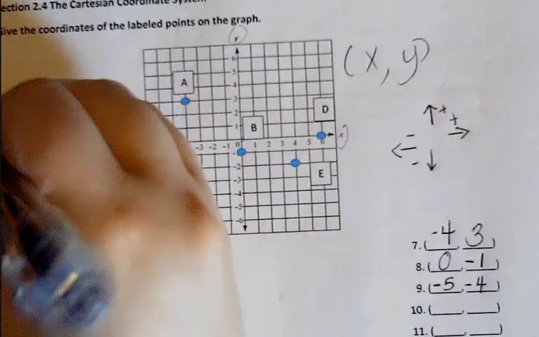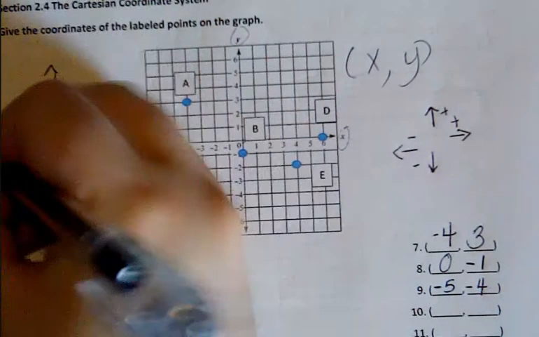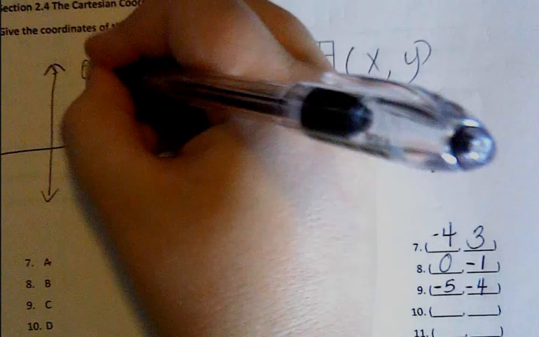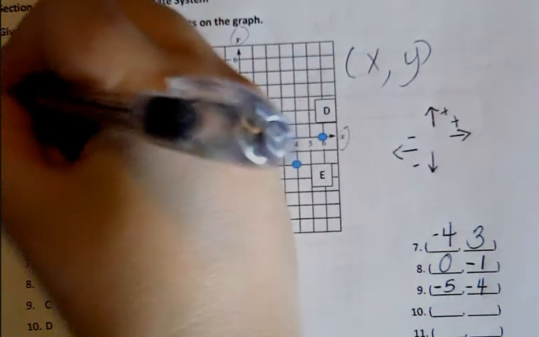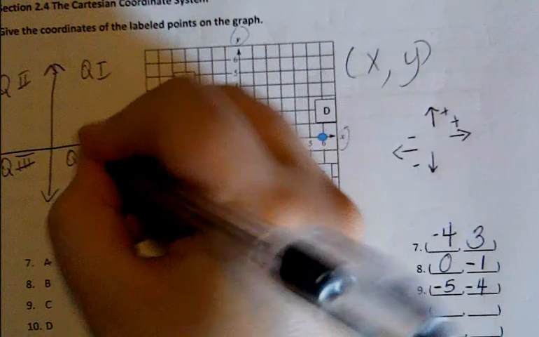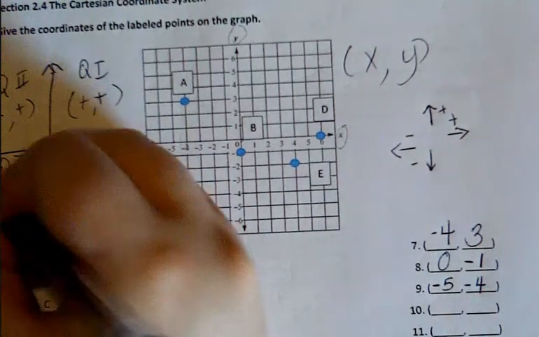Remember, in class, we would have drawn this chart that says we had quadrant 1, quadrant 2, quadrant 3, and quadrant 4. Quadrant 1 was positive, positive. 2 was negative, positive. 3 was negative, negative.